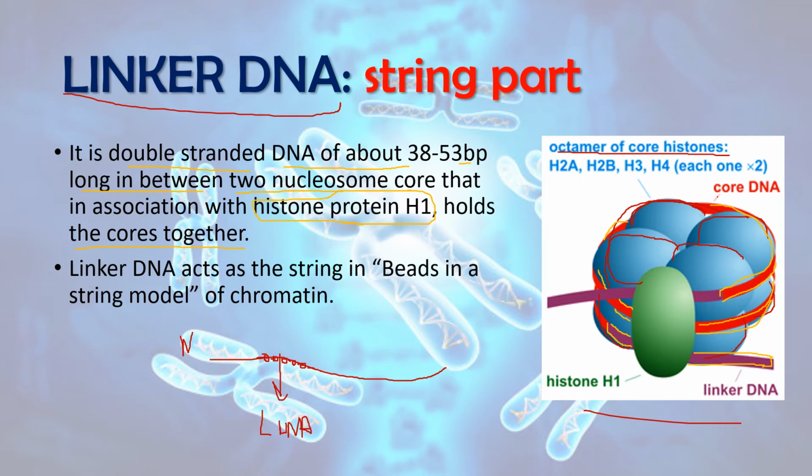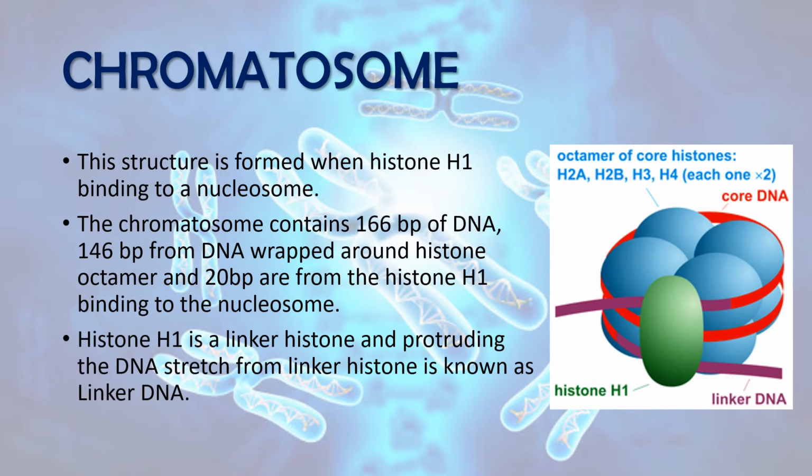So this is basically linker DNA. As its name suggests, the linker DNA is responsible for linking 2 nucleosomes. So again, linker DNA acts as the string in the beads on a string model of chromatin. So now, what is chromatosome?